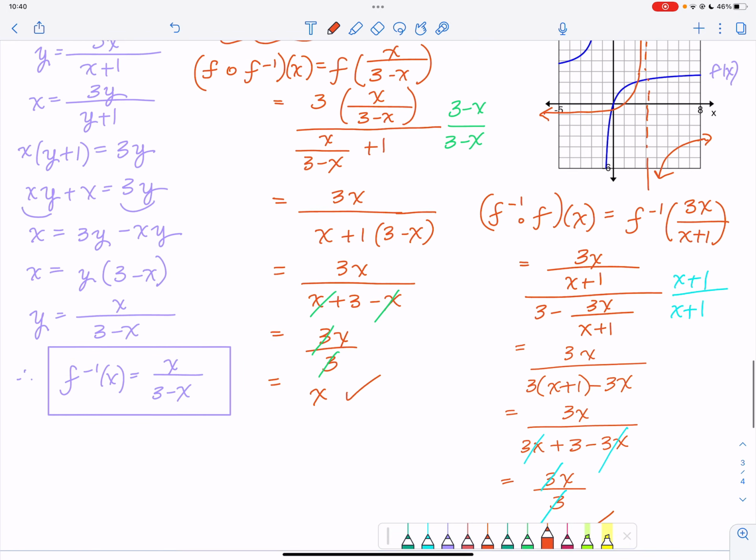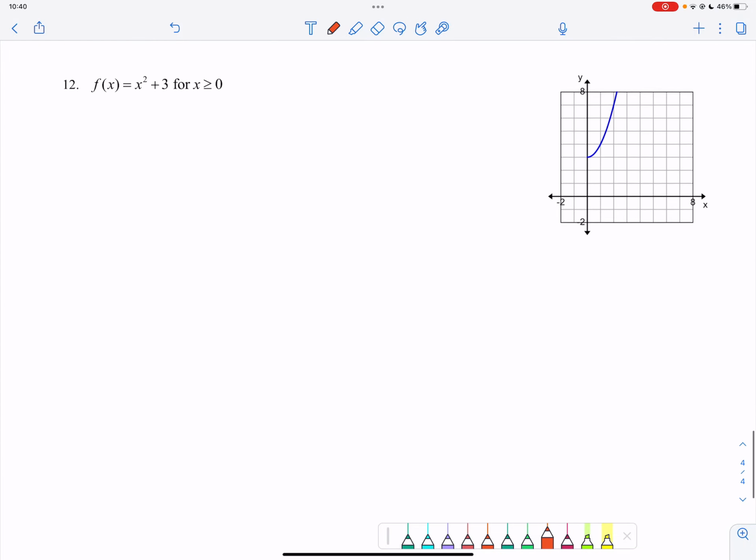Okay, and now let's go ahead and look at number 12. In number 12, we have f of x equals x squared plus 3. And in this case, we're only taking the right half of this parabola. So this is f of x.